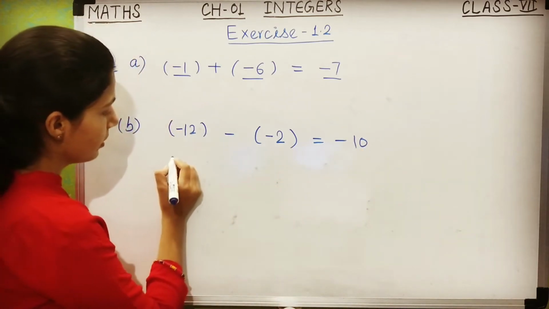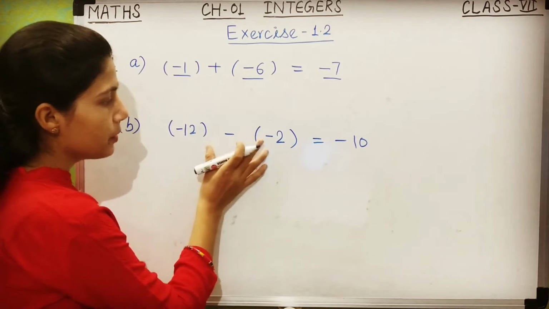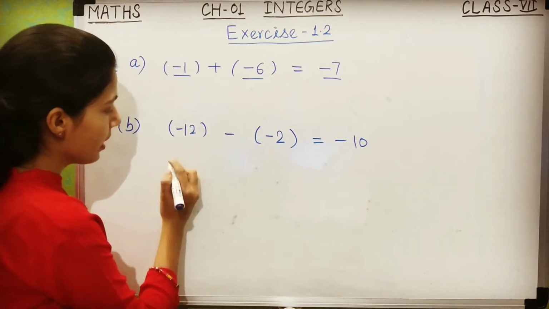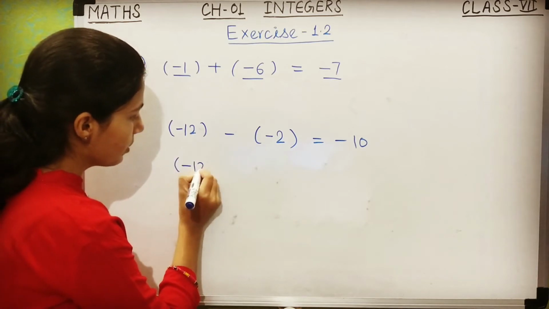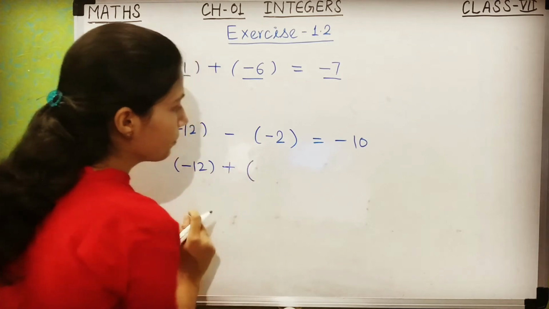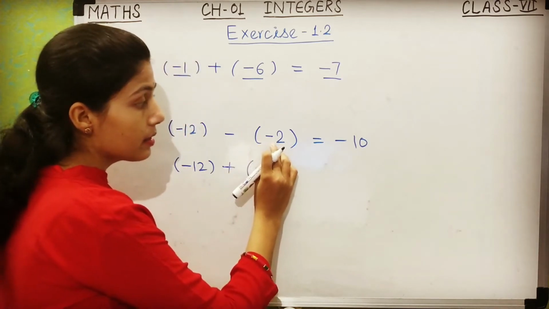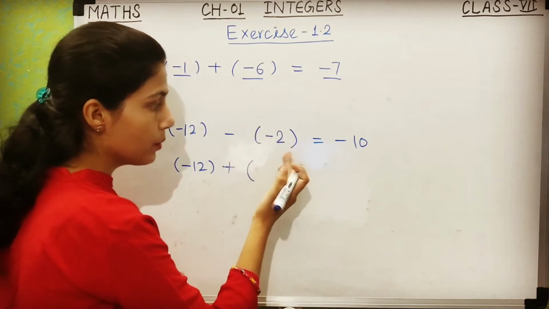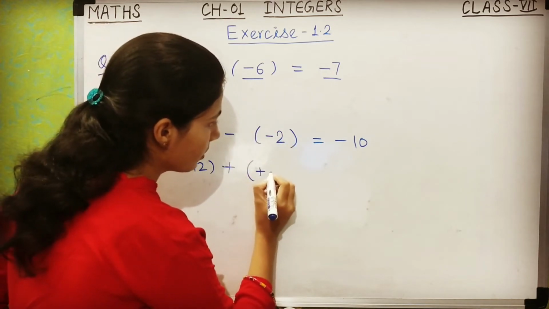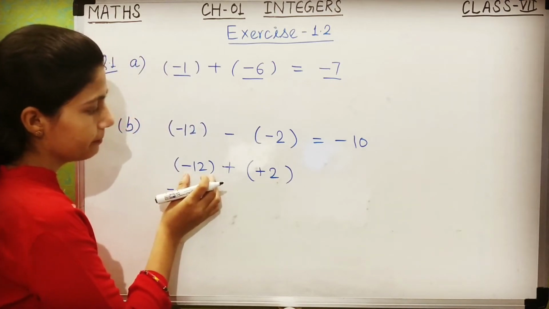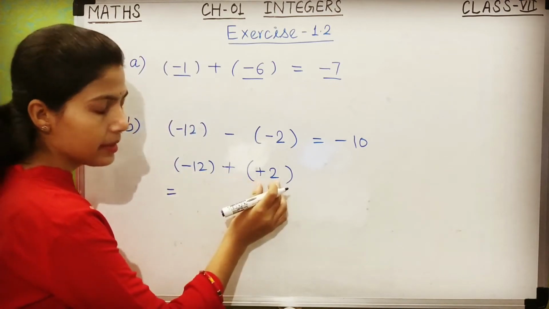So see here, there is subtraction between these two integers. So you have to write the first integer as it is, minus 12 as it is, then put the addition sign, and write down the additive inverse of the second, means here is minus 2, so the additive inverse of minus 2 is plus 2. Now see, minus 12, one is negative, another is positive.